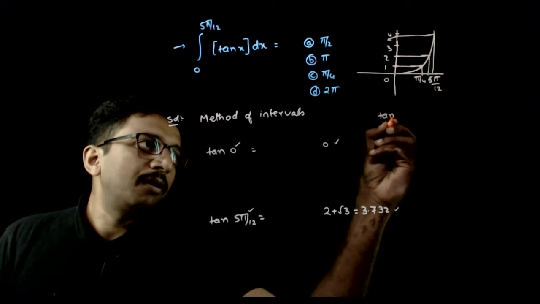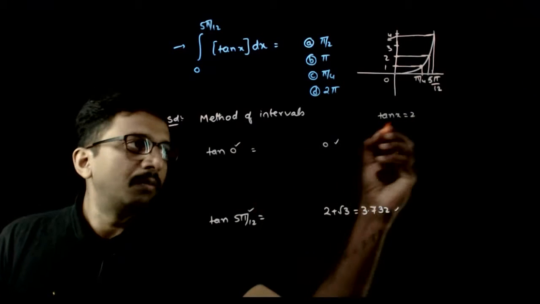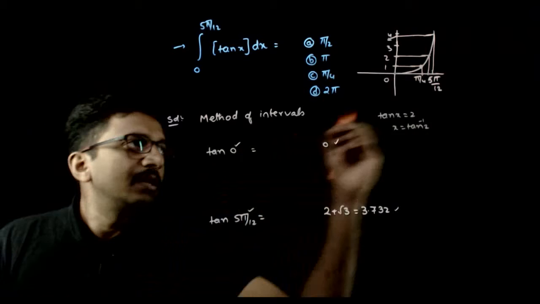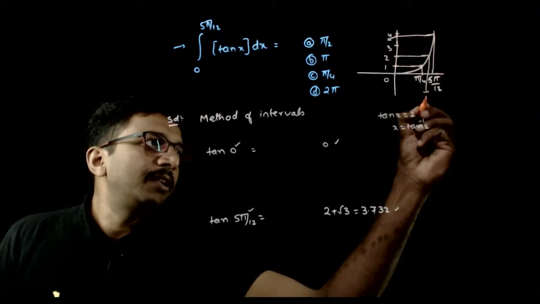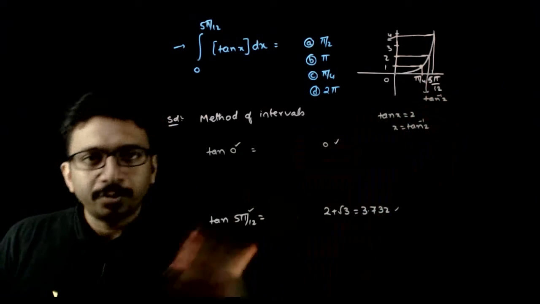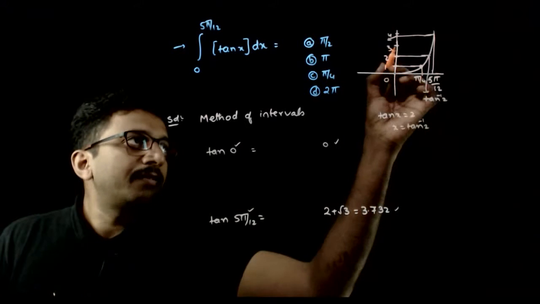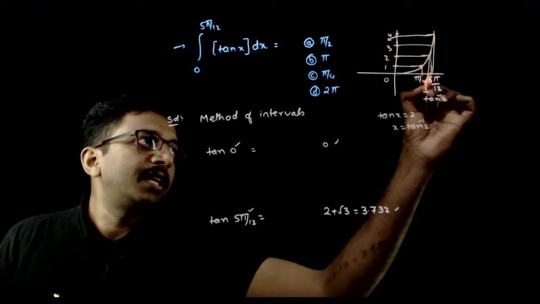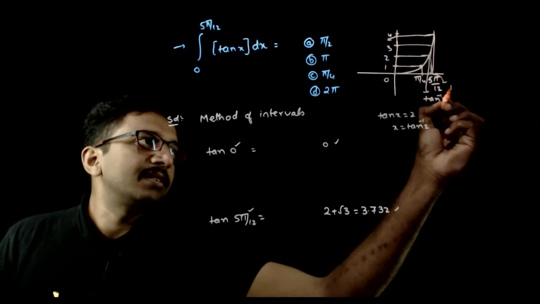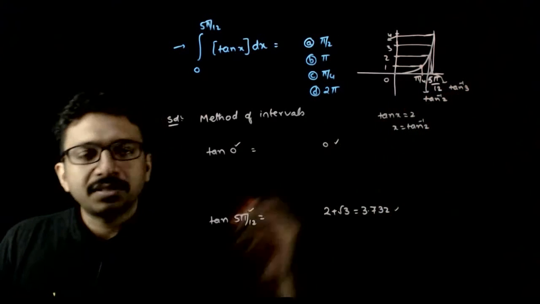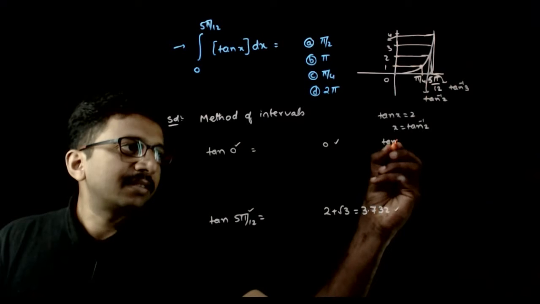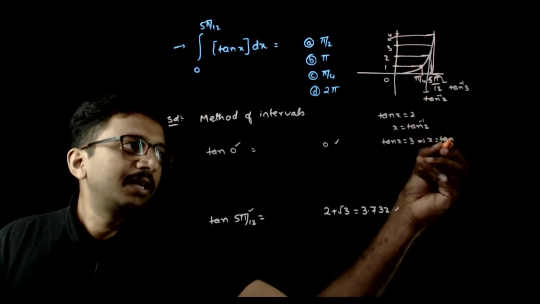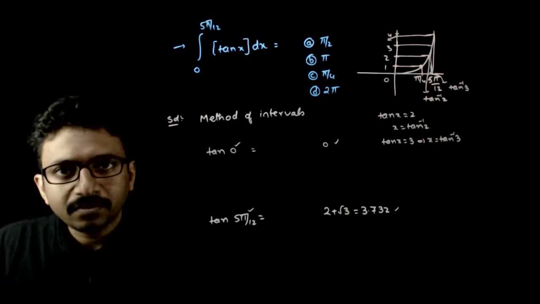That is, x is equal to tan inverse 2. And at what value of x will tan x be equal to 3? tan x is equal to 3 implies x is equal to tan inverse 3.